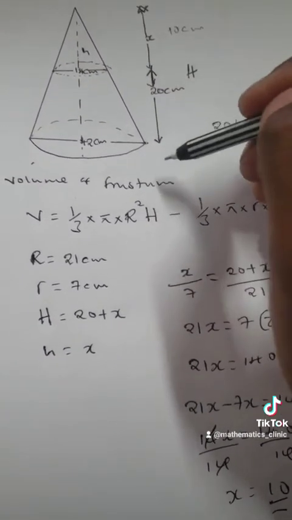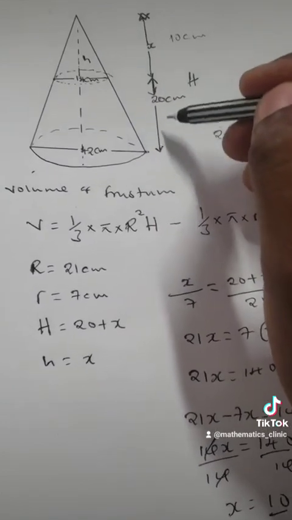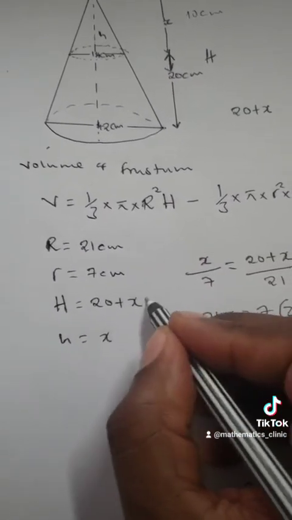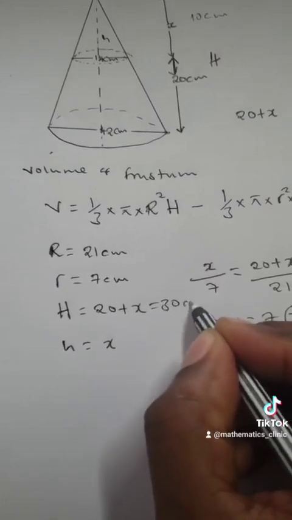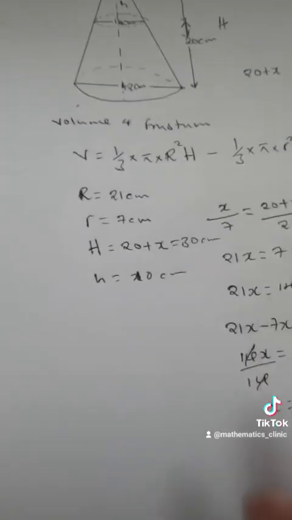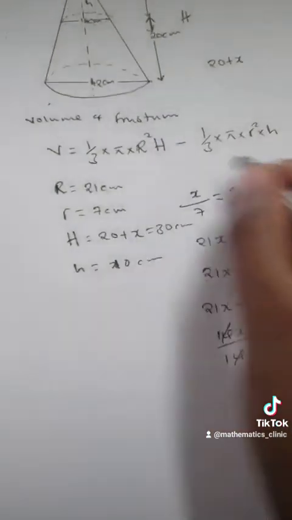So the height for the larger cone is the total of 30, because now we have 20 plus 10, we get 30 centimeter. Then here we have 10 centimeter. Now that our data is full, we can use the formula.